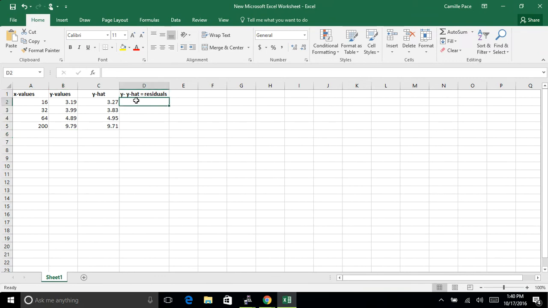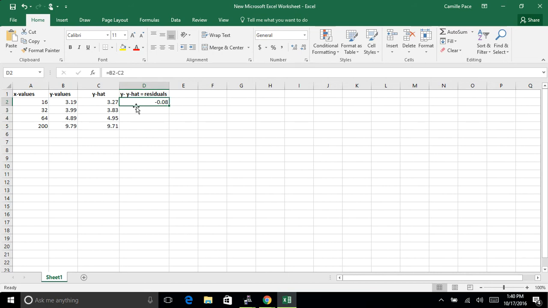All right, to get this, all I'm going to do is take the original value, 319 minus 327, and get what I have for that. But the way I'm going to do it is this. I'm going to do equals, this minus this and hit enter. Okay? It's okay if you have negative numbers.